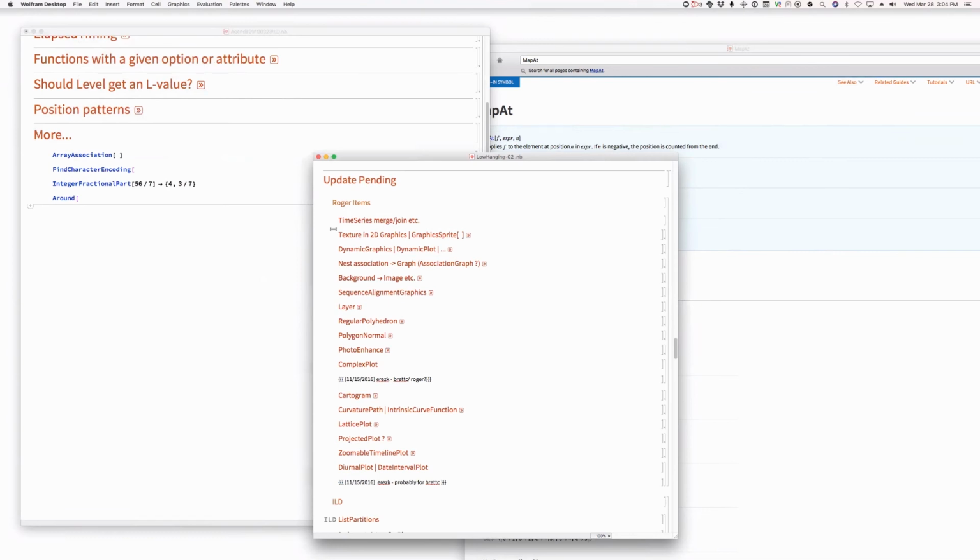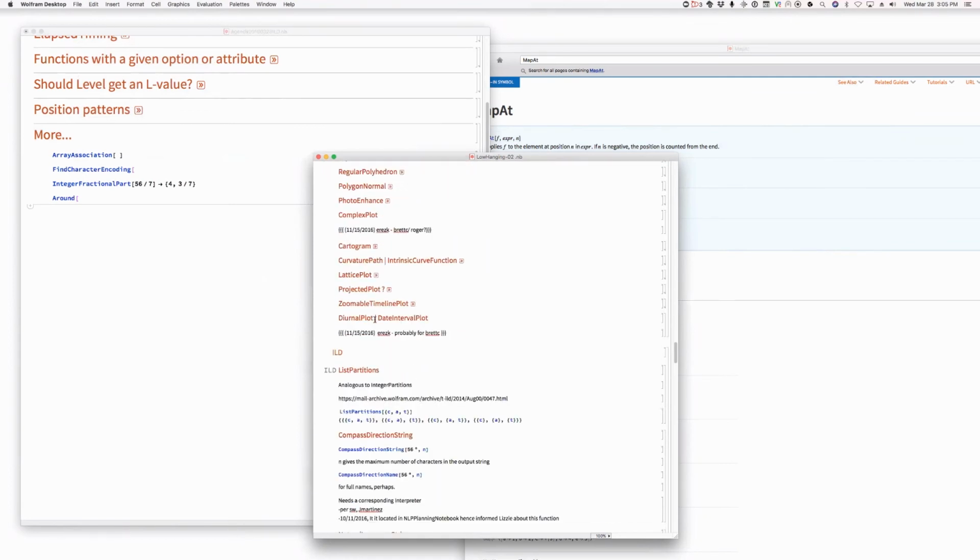So what do these say? Update pending. This is from a long time ago. Yes, that is. When I and Ares were talking to people about their updates, we didn't really collect updates for those. But I think I have to go back through this entire list and find all the updates.